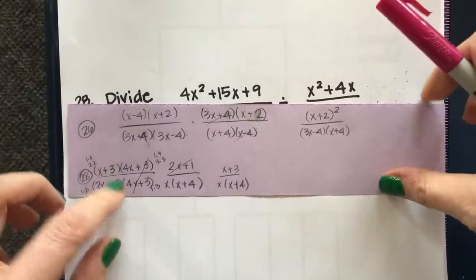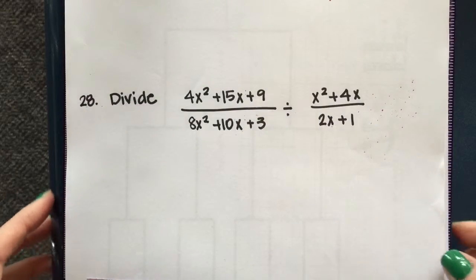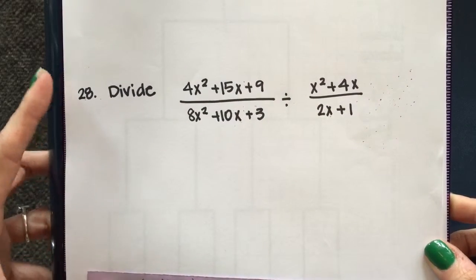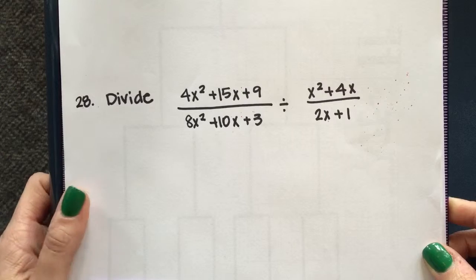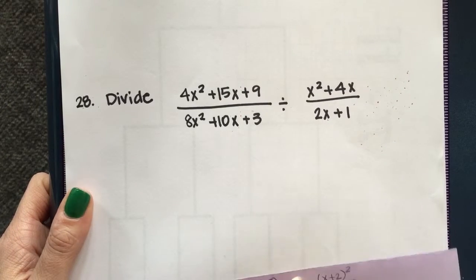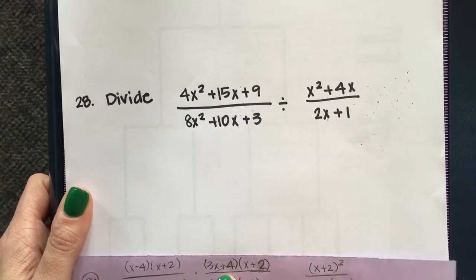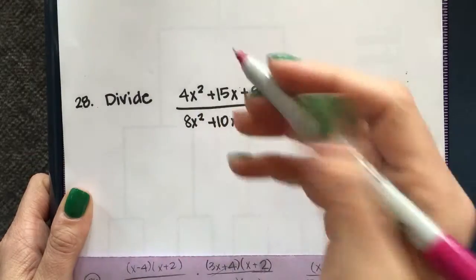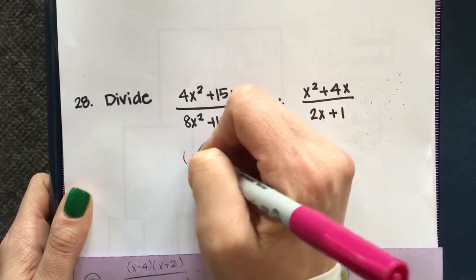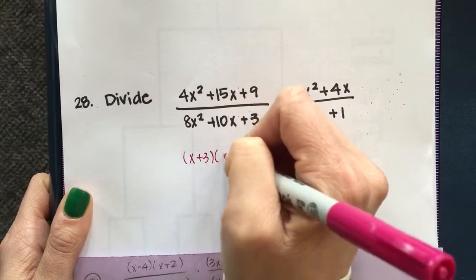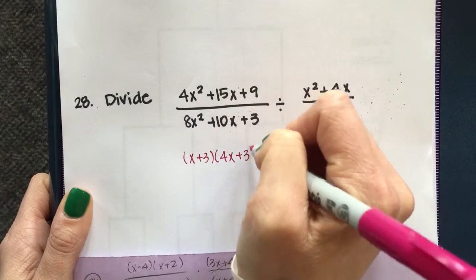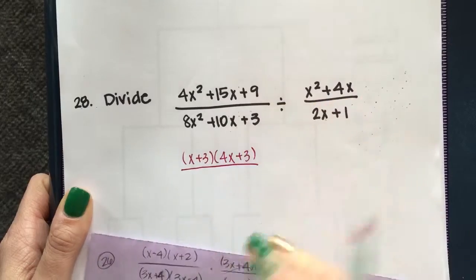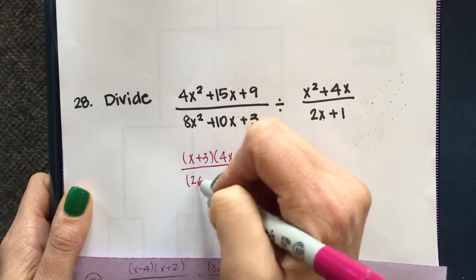Last one is division. So we are going to turn all division problems into a multiplication problem, and it will be exactly like number 26 that we just did. So I'm going to, again, factor all of these that I can. 4x squared, and then the bottom also factors.